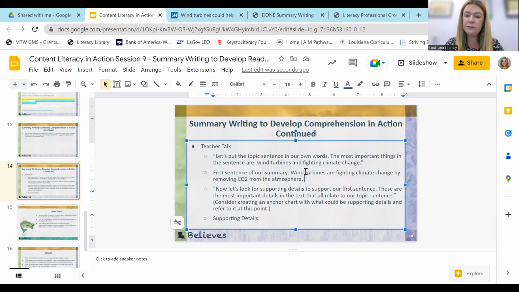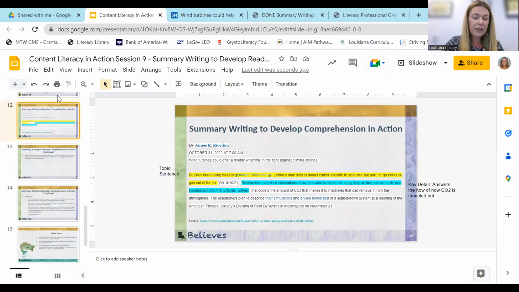Okay, so now let's look for supporting details to support our first sentence. These are the most important details in the text that all relate to our topic sentence. And like I said, consider that anchor chart. And we've already done this. I have a little blue sentence. So we can either copy and paste this there if they need that for evidence later, if they're writing a CER or something, or I can have them put their key details in their own words too. So wind turbines drag dirty air from a city.